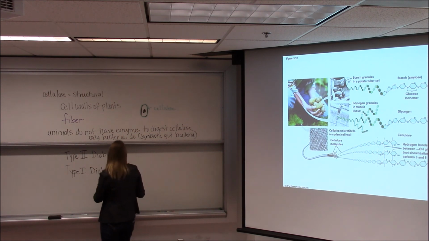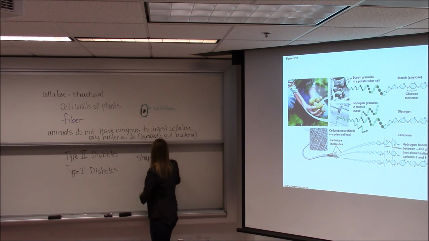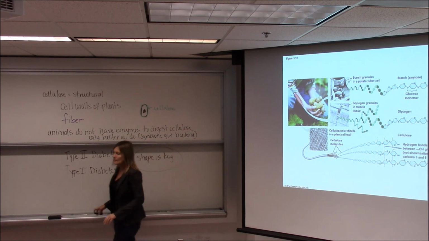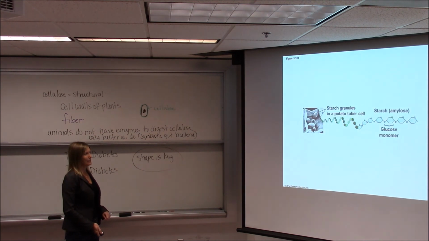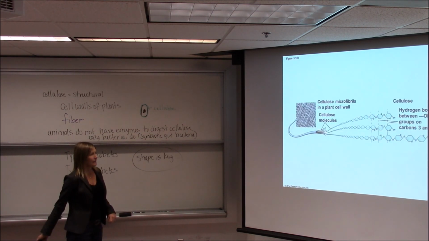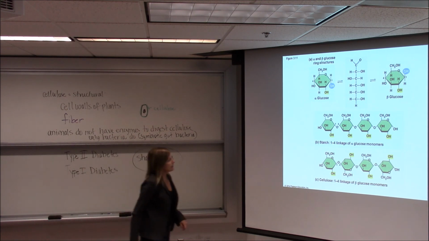Remember, I said several times already that shape is key in biology. And that glycosidic linkage, that covalent bond that links the glucose together, is different in starch than it is in cellulose. That's just a closer look at cellulose. Okay, so this is starch.